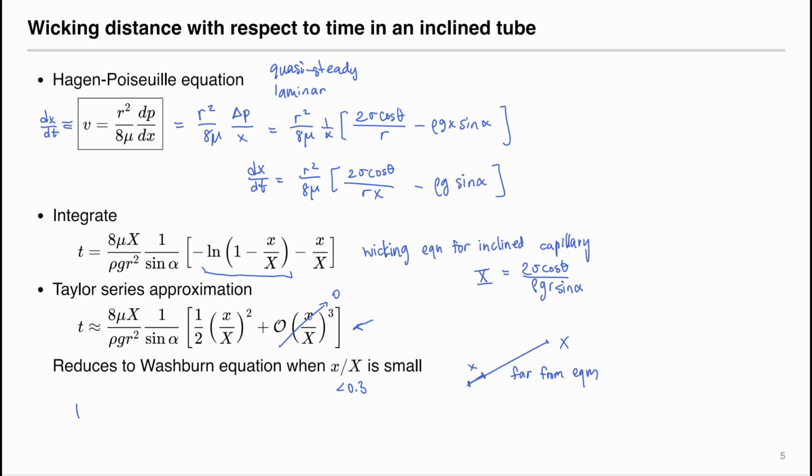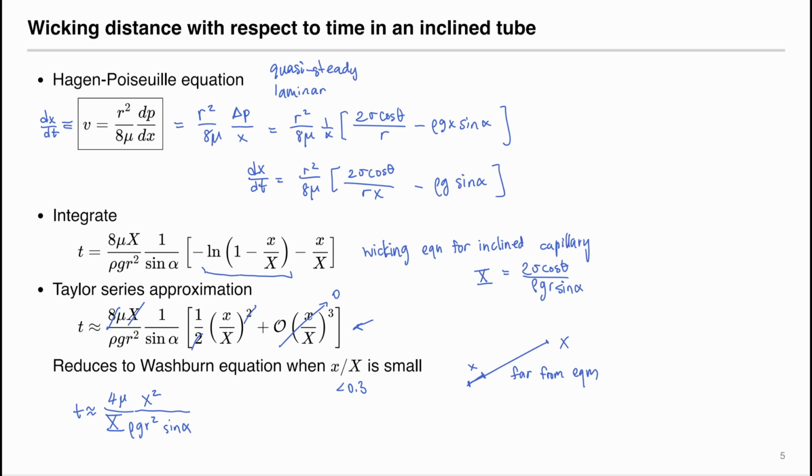So we have t approximately equal to, cancel these out, 4 at the top, mu, x cancels out with this x, but there is a square, so x is at the bottom, rho g r squared sine alpha, and then here is a small x term at the top.